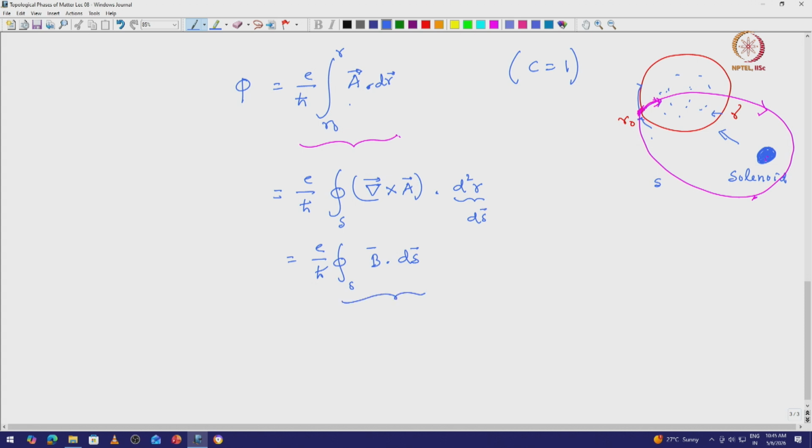So, this is nothing but the magnetic flux. Okay. And you can define this to be 2 pi by, and this is the magnetic flux and this is the flux quanta.